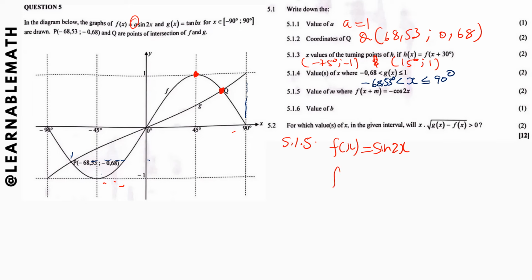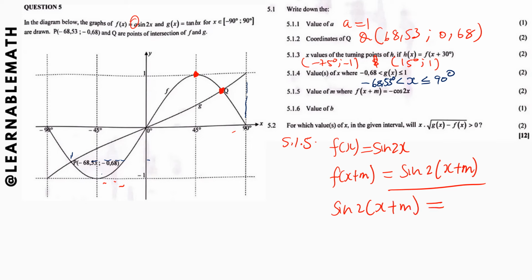But they're saying where f of x plus m is equals to negative cos 2x. So if I write this, it will be sine of 2 into x plus m. This is now f of x plus m, where this will basically be equals to negative cos of 2x, right?